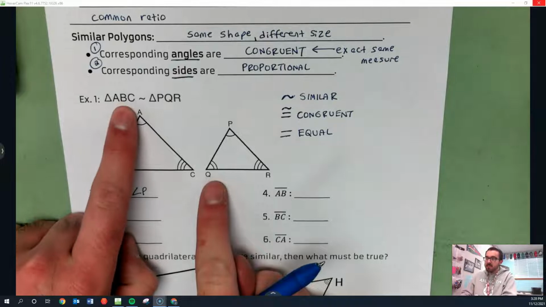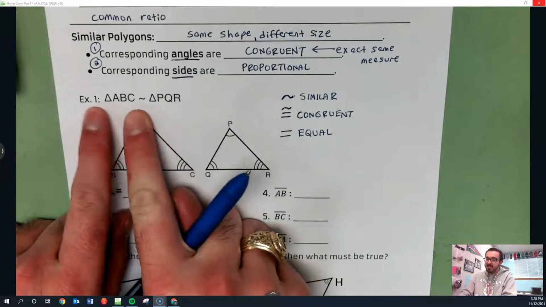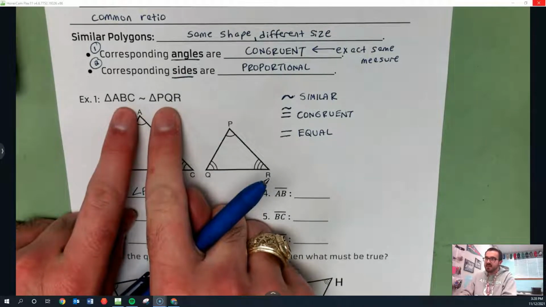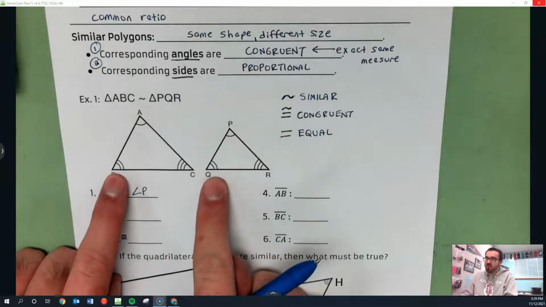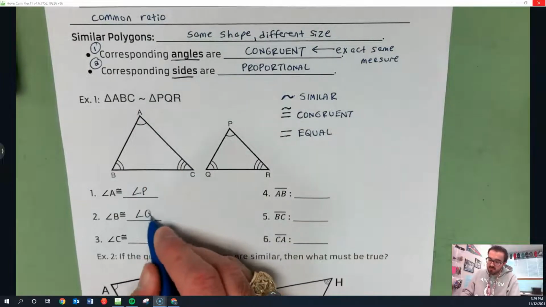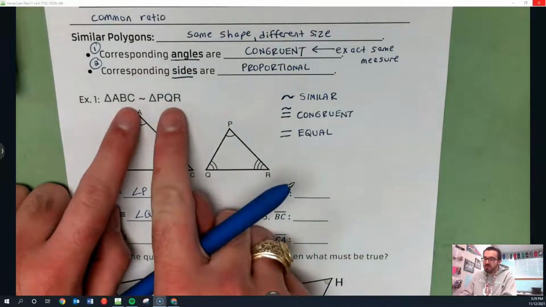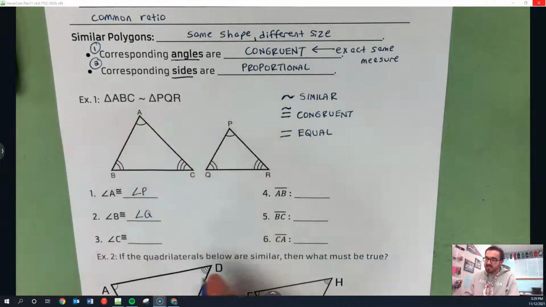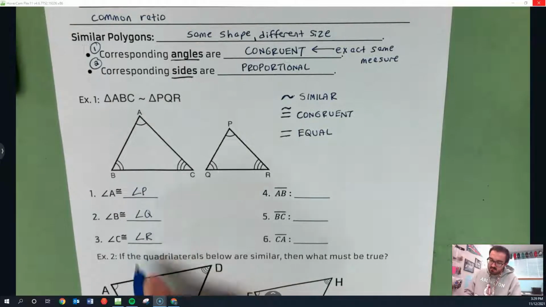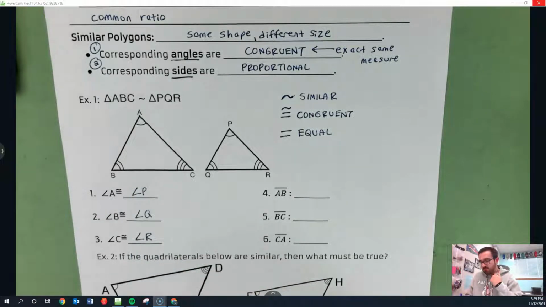Let's do B. B and Q are also in the same place on the similarity statement, and they both have two arc marks, so they are congruent. Angle C and angle R both have 3 arc marks. They're also the third letter in the similarity statement. A couple different ways you can identify.